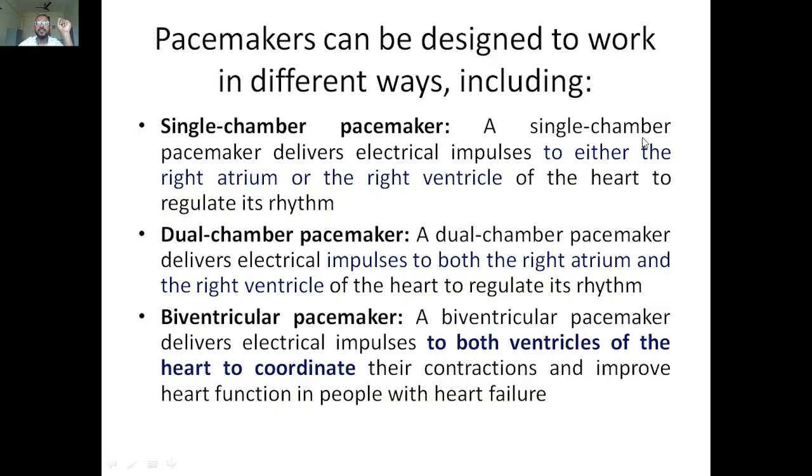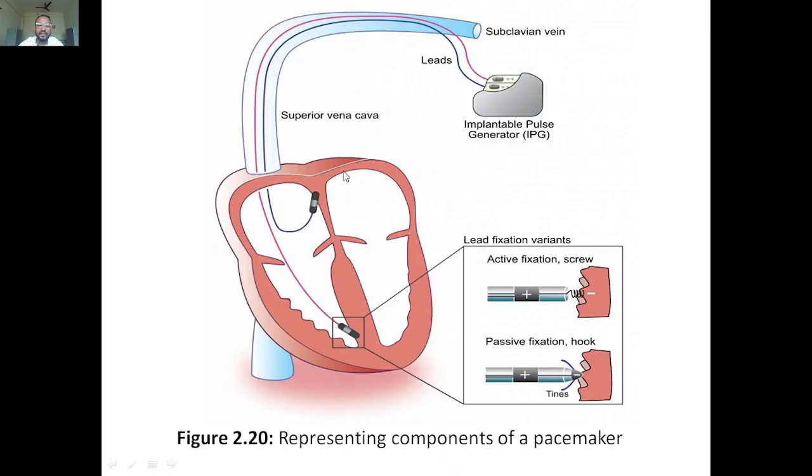A single chamber pacemaker delivers electrical impulse to either the right atrium or the right ventricle of the heart to regulate the rhythm. So single chamber, how it works means, only this part or this part, any one of these parts will get the electrical impulse. So then we call it a single chamber pacemaker.